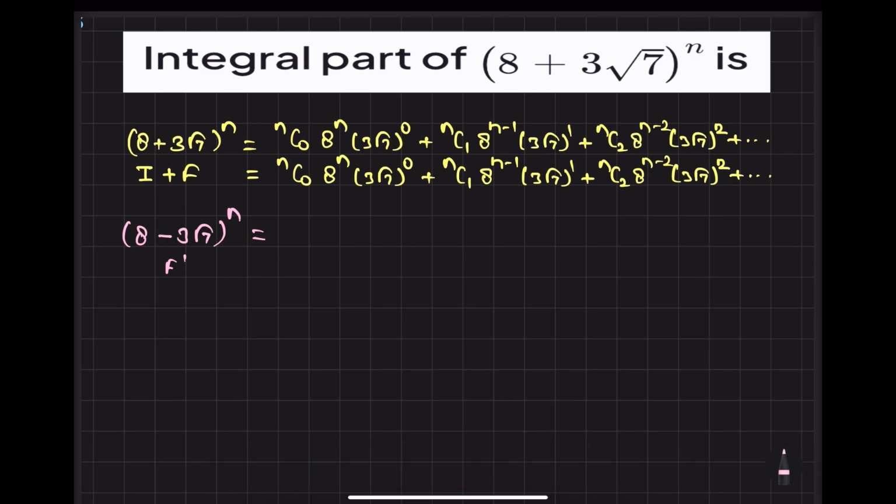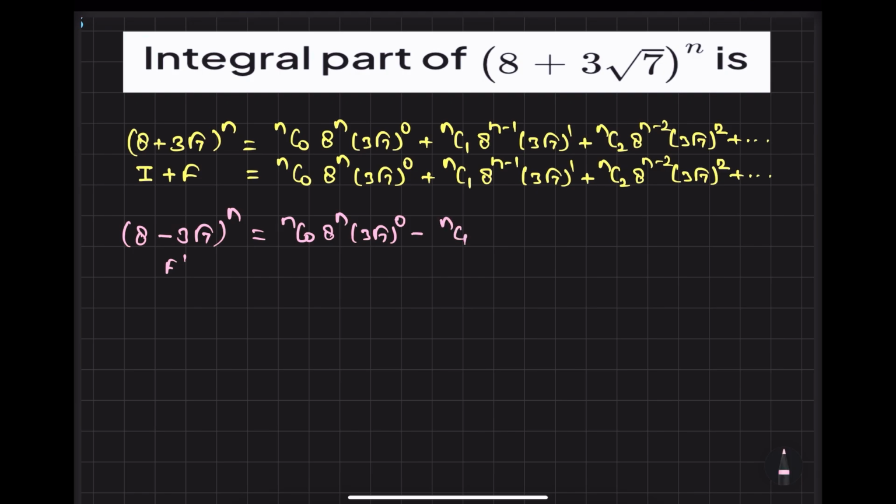Now let's expand this one. If we expand, we will have the same thing: nC0 8^n (3√7)^0, then plus. Here it will become minus because the power is odd.